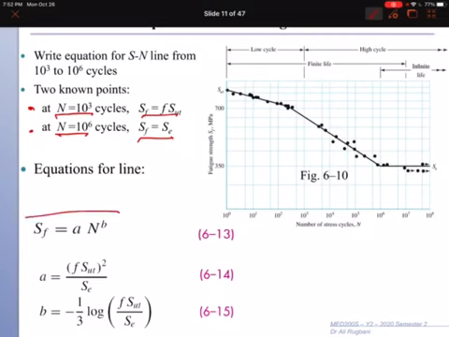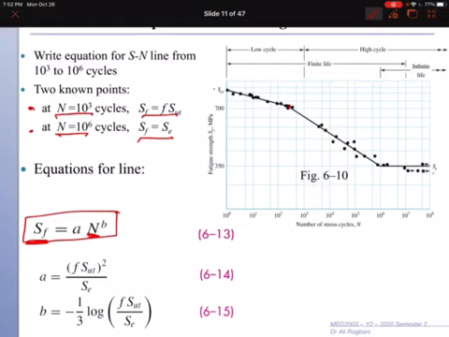Okay, you can use this equation and you can estimate strength of failure at any number of cycles using factor A and exponent B as given in equations 6.14 and 6.15 here. So you can use ultimate strength, endurance limit, and strength of failure at 1000 to calculate strength at any points.